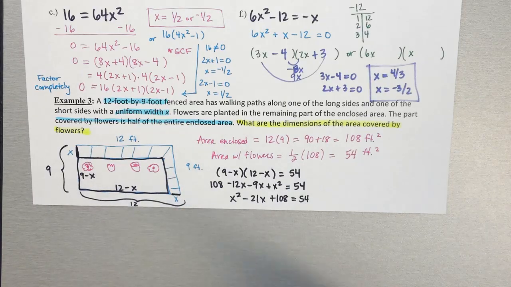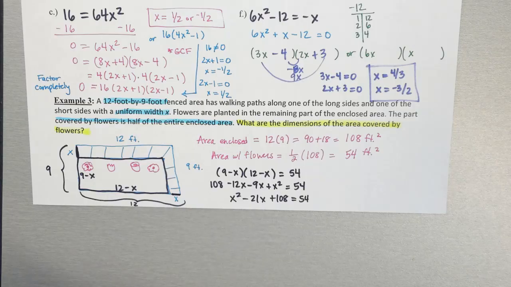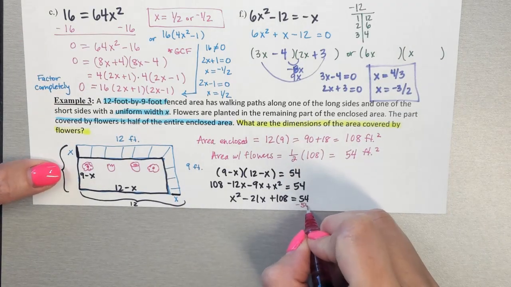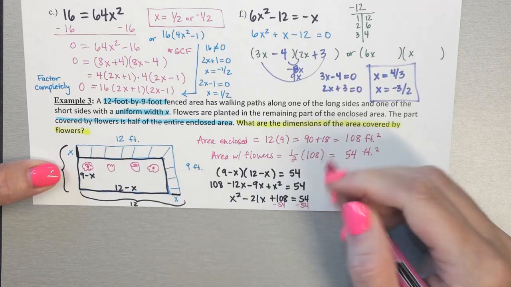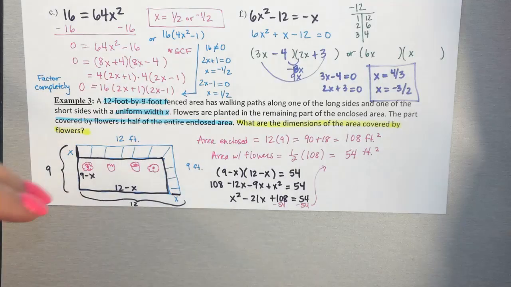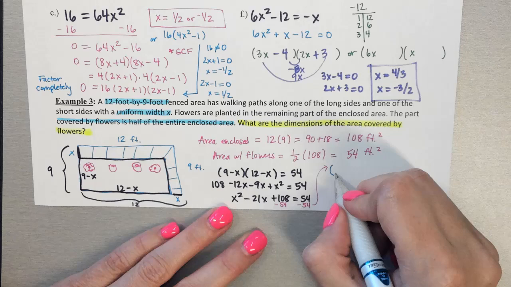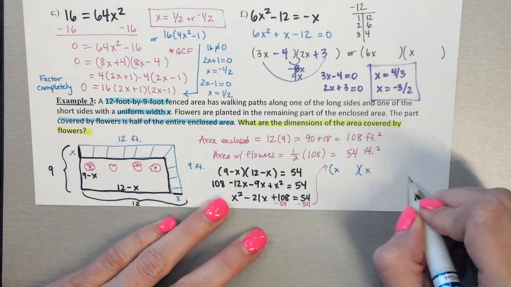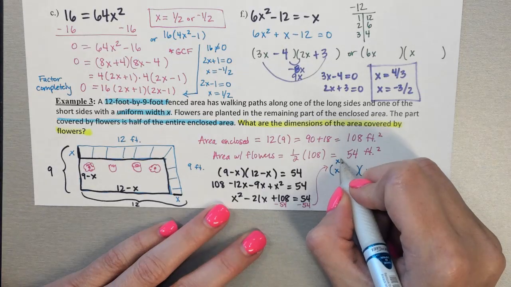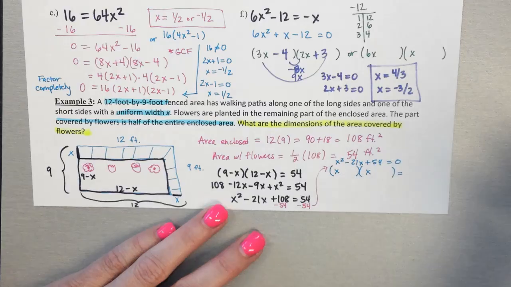We're going to subtract 54 from both sides so that it's equal to 0. Oh, sorry. Here, I'm going to write this first. X squared minus 21x plus 54 equals 0.